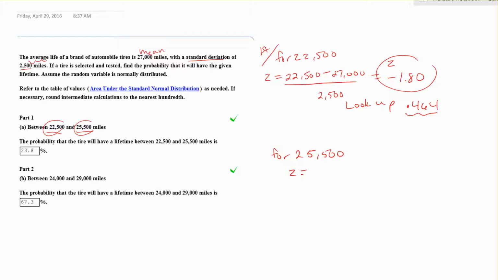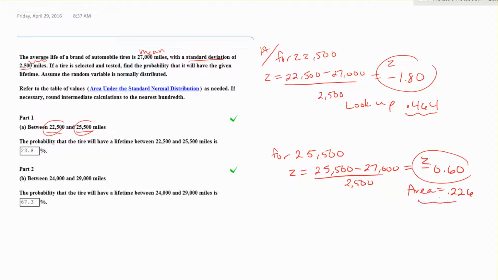So z is equal to 25,500 minus the mean, 27,000, divided by the standard deviation of 2,500. Press equals before you divide, and this gives me z equals negative 0.6, so I'm going to make that negative 0.60. Let's look up that value and get the area. So the area at 0.60 is equal to 0.226.